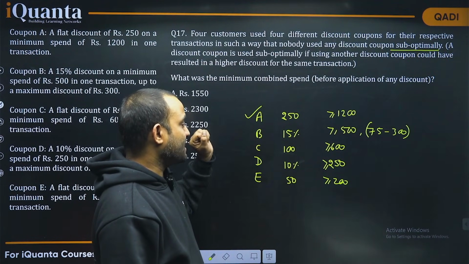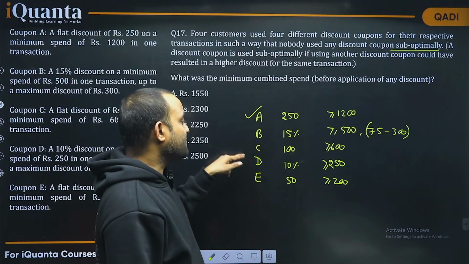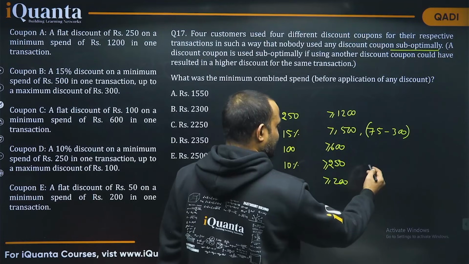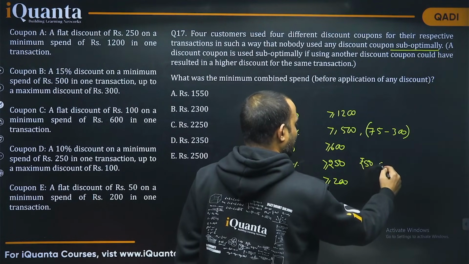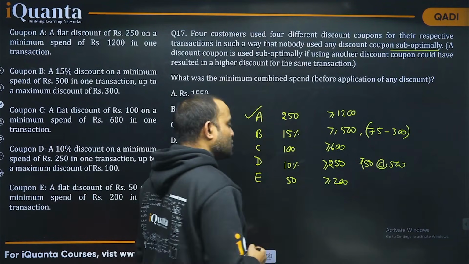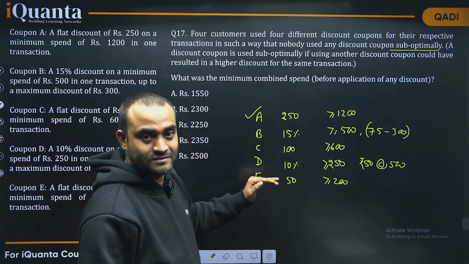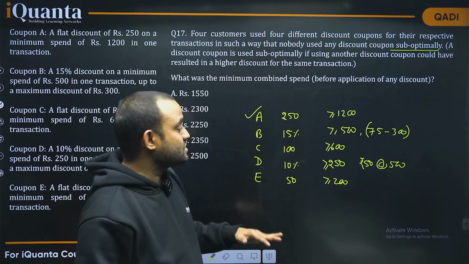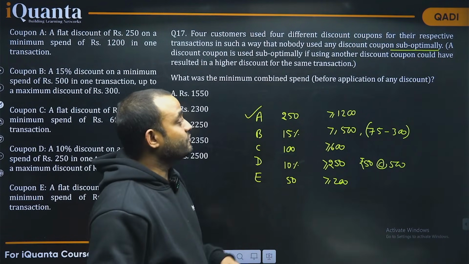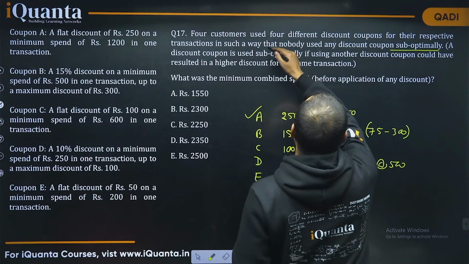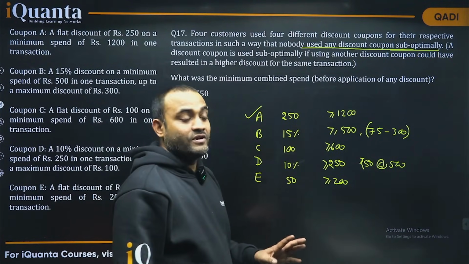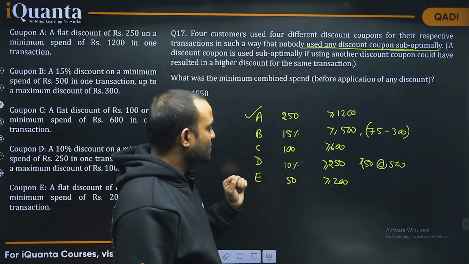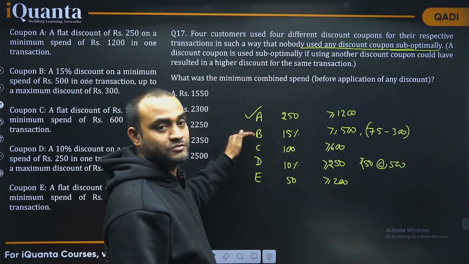And if you check at 500, C is not applicable. If I use D at 500, D is giving us 10%, that is 50 rupees, right? 50 rupees at 500. So D will not be used, and B will always be used in these type of scenarios. Whenever we are talking about a discount coupon, nobody used any discount coupon suboptimally. Whenever you are using D, when the amount is greater than equal to 500, so this is not optimal. B is always optimal, right?